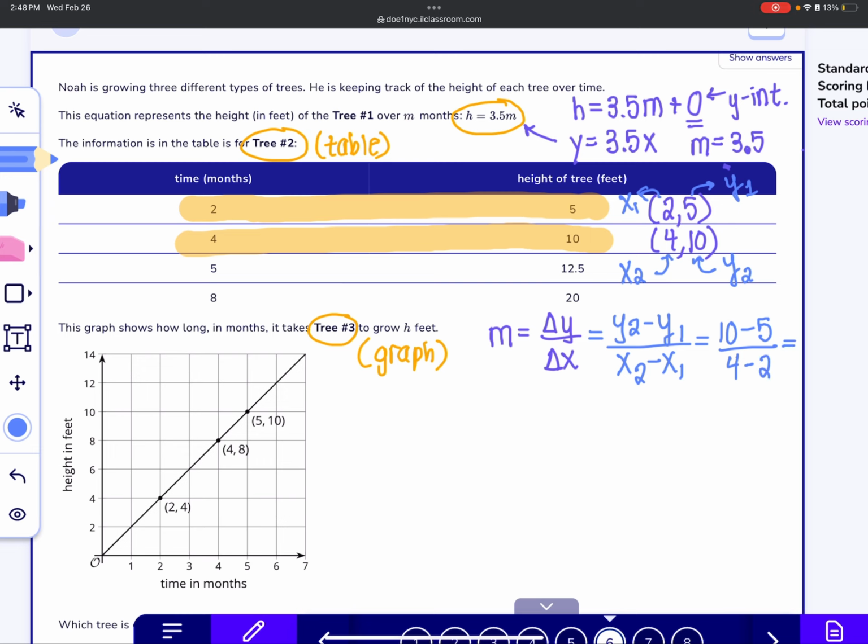So I'm going to calculate my average rate of change, which is also known as my slope, and that equals 5 over 2, or if I wanted to change it to a decimal so I can compare it with tree number 1, this is really 2.5. But I like to keep things as a fraction. So I'm going to bubble that in. I'm going to write or equals 2.5.